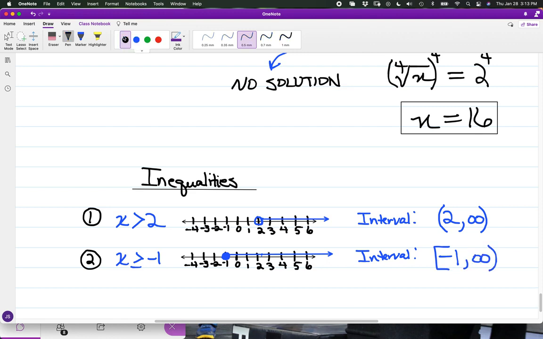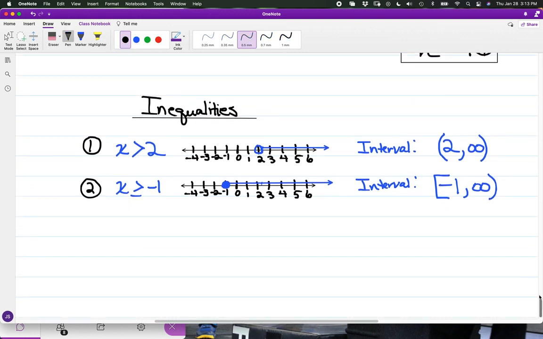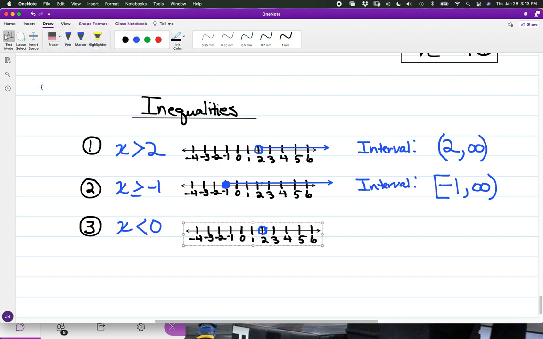Okay, now let's say we have a little bit of a change up in terms of the direction. And let's say we have that x is less than 0. Okay, so for x is less than 0, we're going to have an open circle on 0.